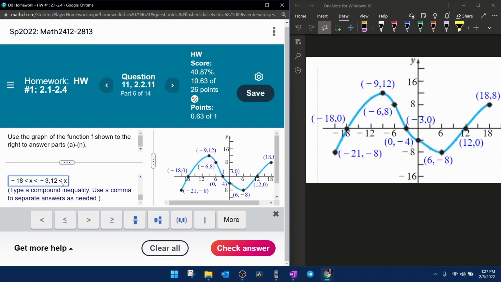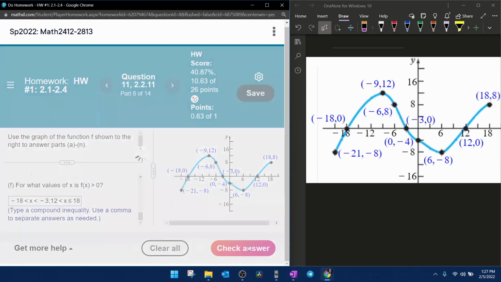X needs to be strictly greater than 12, but the 18 is definitely positive. So we're going to use the less than or equal to for the 18 because 18 is included since the value at 18 is definitely greater than 0.